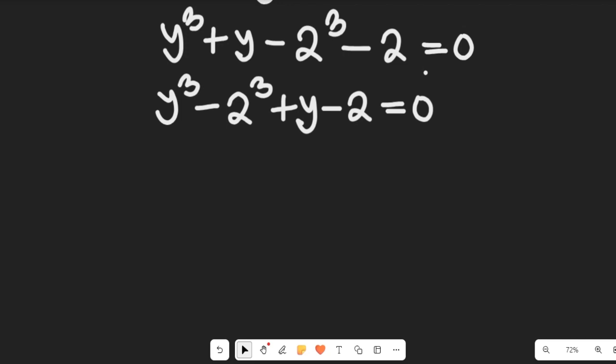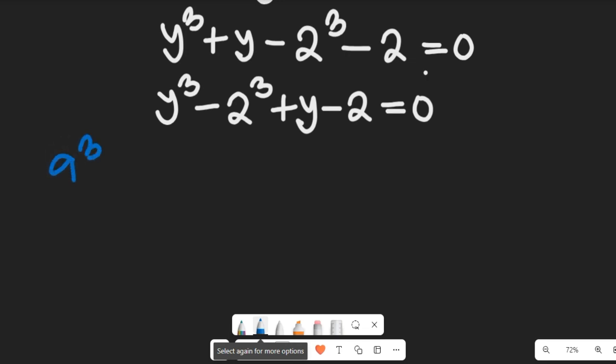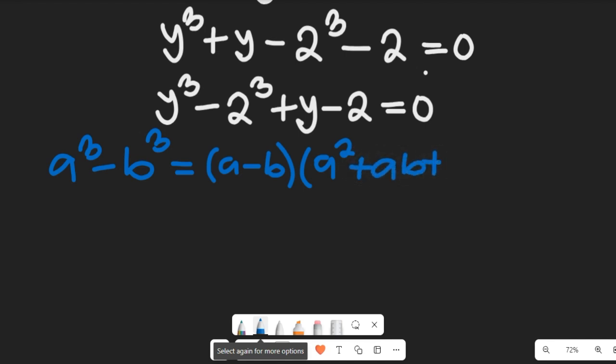Great. Now in the next step, I'm going to simplify. Using an algebraic expression, you should recall that if I have a to the power of 3 subtracting b to the power of 3, this will be equal to a minus b, multiplied by a square plus ab plus b square.